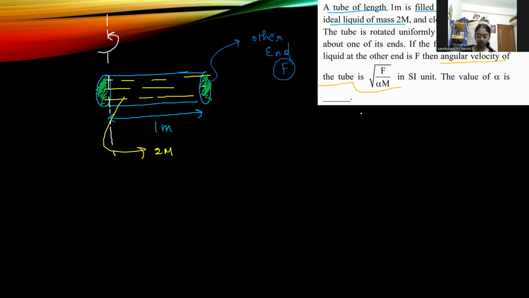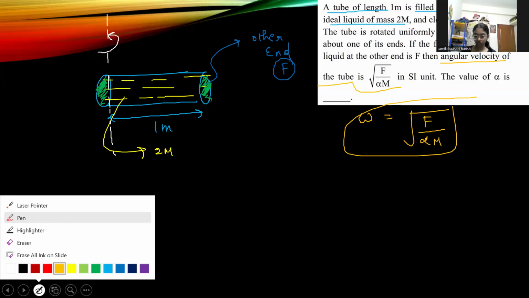Angular velocity is given as under root F by this. We are asking the value of alpha. So simple, very simple.